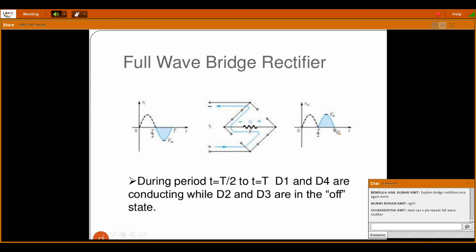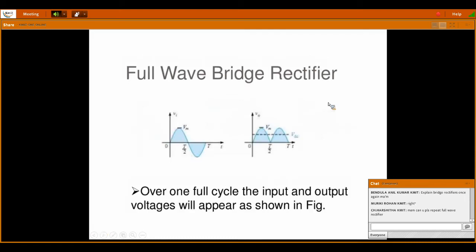So during the positive half cycle, diodes D2 and D3 are conducting, whereas during the negative half, see the output waveform like this. When you see the complete waveform, you are getting it like this. It is not a pure waveform. We want only the dotted line. See here, you can see a dotted line on the output waveform, which is written as VDC.